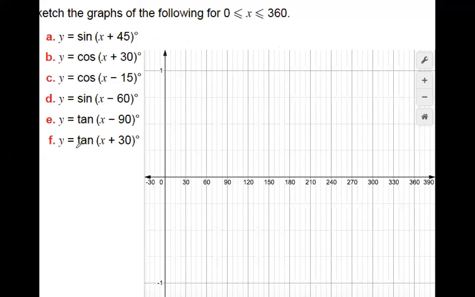Okay, F. The problem with F is I need to start by doing the tan itself. I'm going to do tan because we've not done many tan graphs. So I'm going to put tan in dotted line. The tan goes from 0 and it's got a 180. So tan itself would be looking like this.